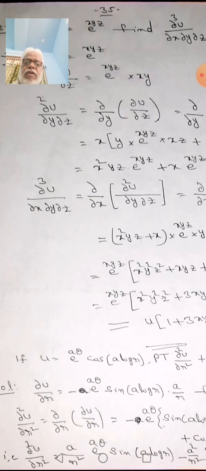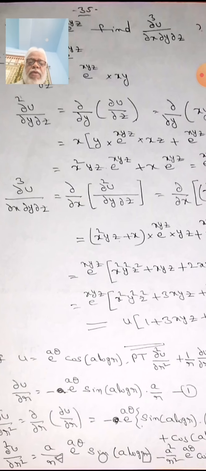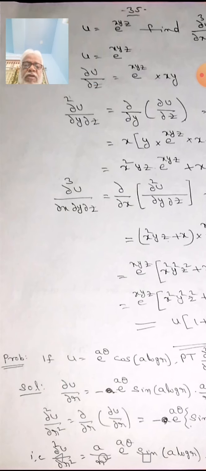So minus e to the power of a theta sin of a log r into a by r. The derivative of a log r is a by r. That is the first equation.